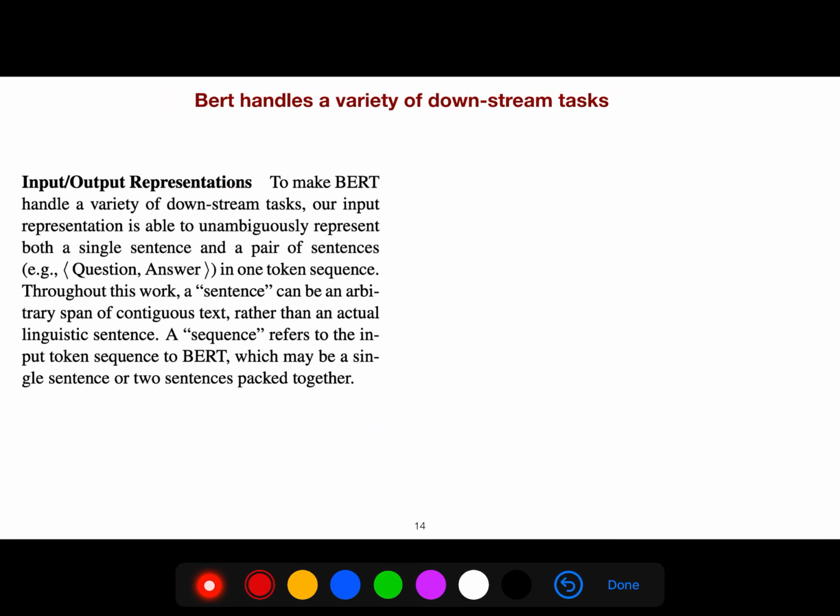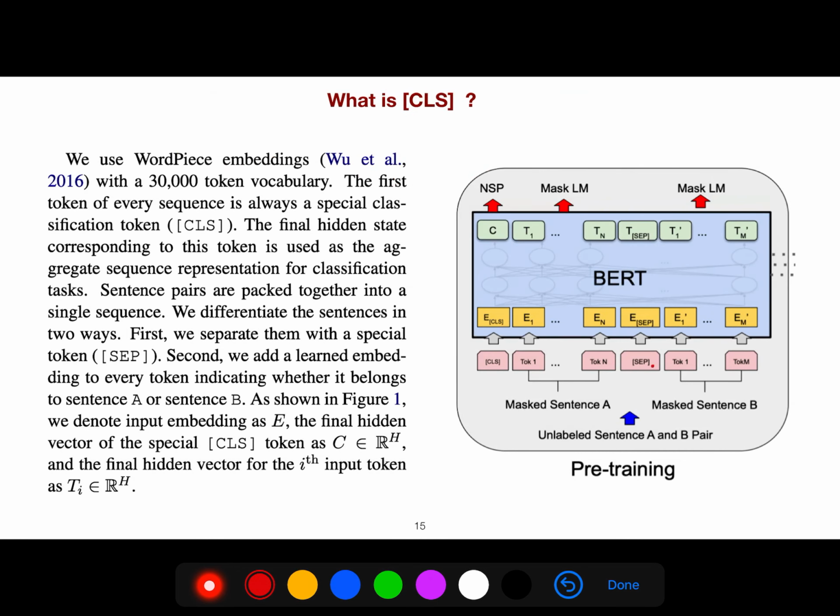To make BERT handle a variety of downstream tasks, our input representation is able to unambiguously represent both a single sentence and a pair of sentences. As I said, we separate two sentences with the separator token, and the CLS token has, I think, index 101.